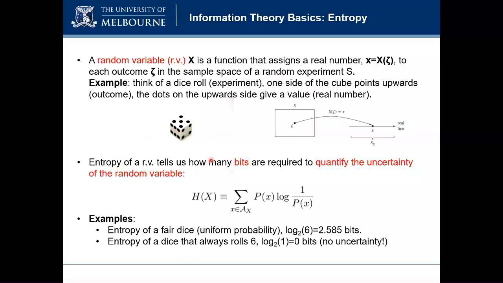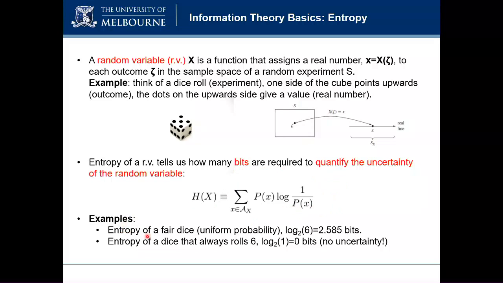So then, what does entropy mean? Entropy of a random variable like this tells us how many bits are required to quantify the uncertainty of the random variable. That's all entropy is about. This is a clean definition. The entropy of this random variable x is the sum over the possibilities of p of x times log of 1 over p of x. That's the definition.